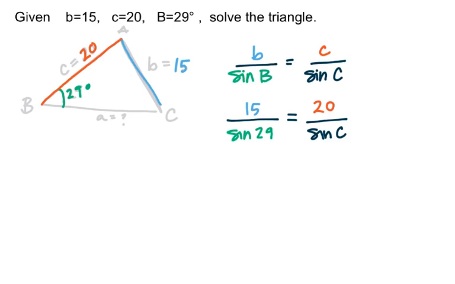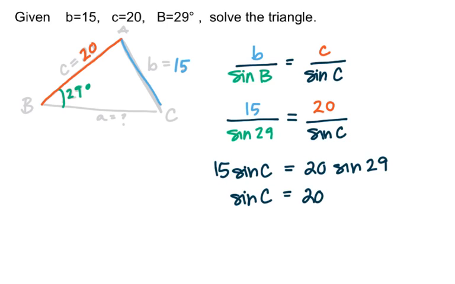Okay, so now we cross multiply. When I cross multiply, that gives me 15 times the sine of C equals 20 times the sine of 29, or the sine of C is 20 times the sine of 29 divided by 15.